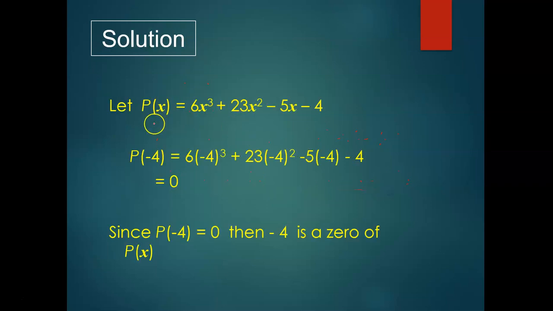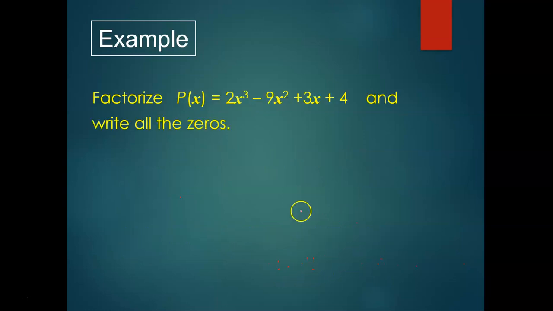So you substitute everything, then you get 0. We conclude that since p(negative 4) equals 0, then negative 4 is a zero of p(x). In other words, we can write x equals negative 4 is a root of p(x). See how they write? If zero, you just write the value. If root, you must write x equals.